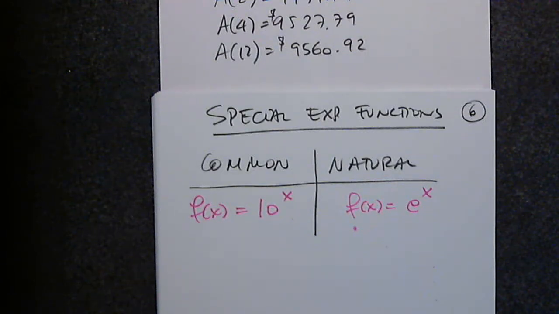And here's why they are so special. They have their own keys in the graphing calculator right here. See, 10 to the x activated with a second, and here e to the x also activated with a second. Now we are ready to go and put in 5,000.